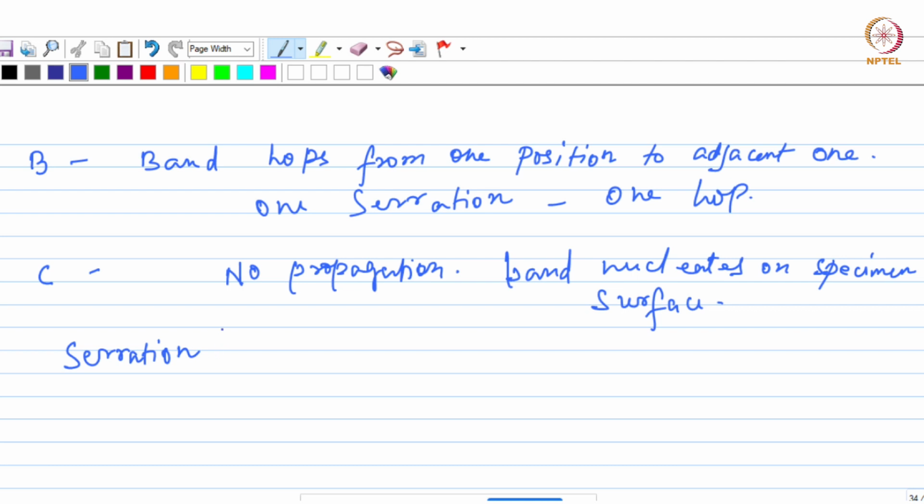And the serration type changes from A to B to C with increasing temperature.